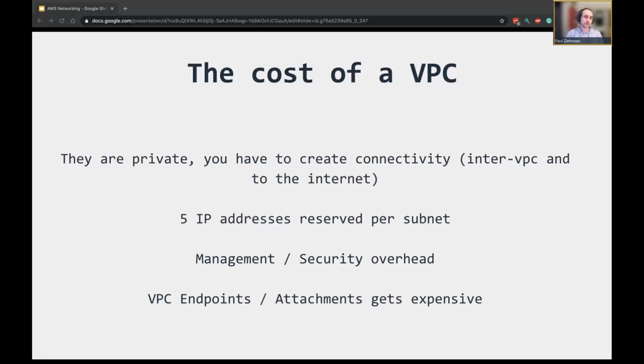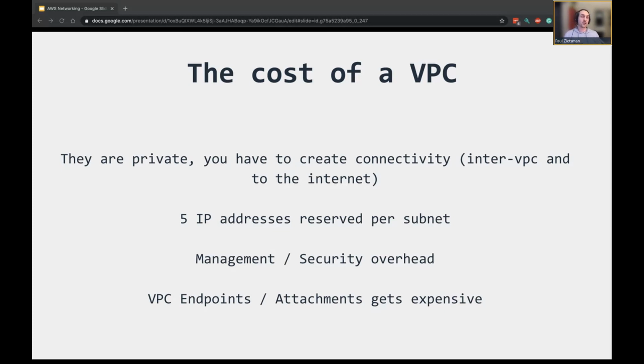VPCs are private, it's in the name. But that means you have to establish connectivity to stuff. I don't know when last any of you spun up a VPC that didn't talk out to anything, and it's just something that ran in that VPC, and everything it needed was just in that VPC. I don't know of many examples of that.